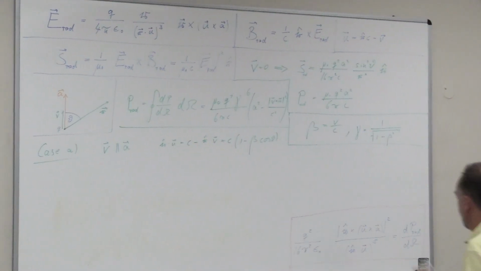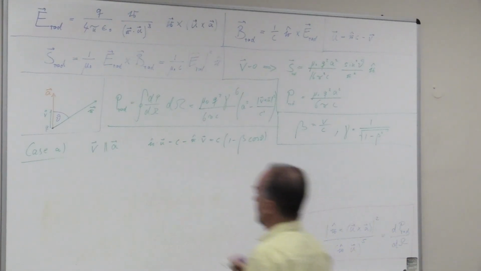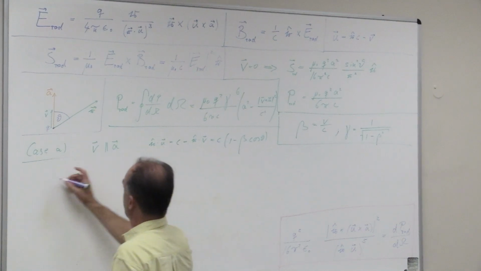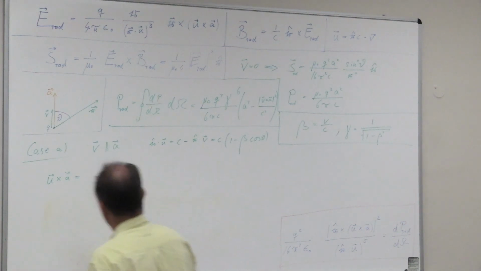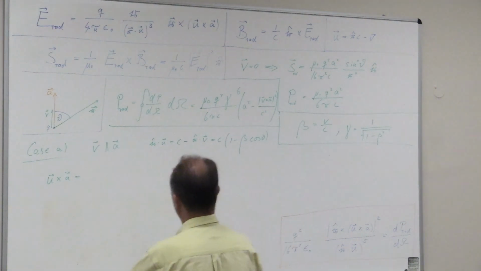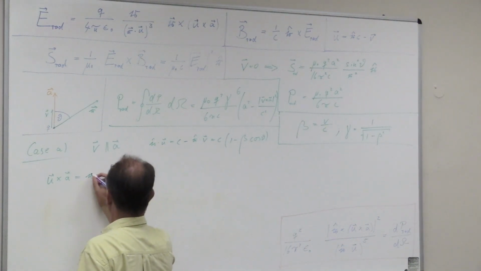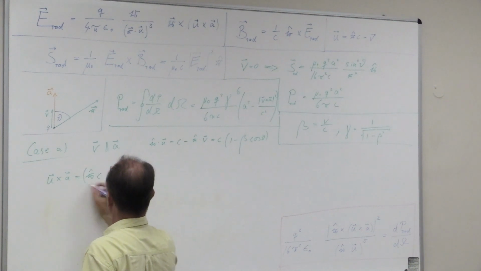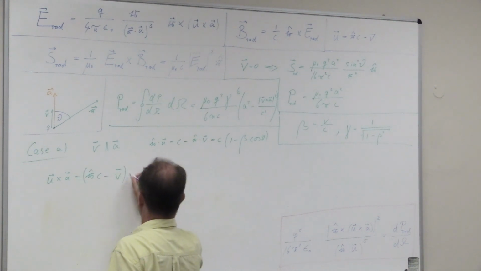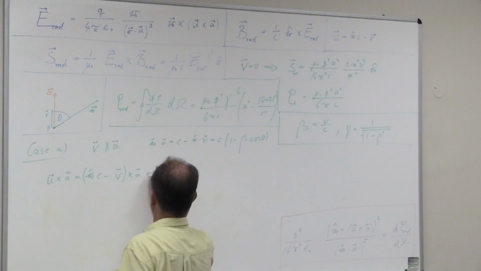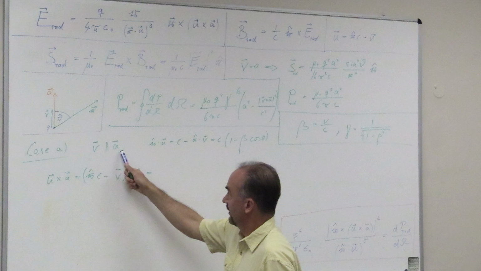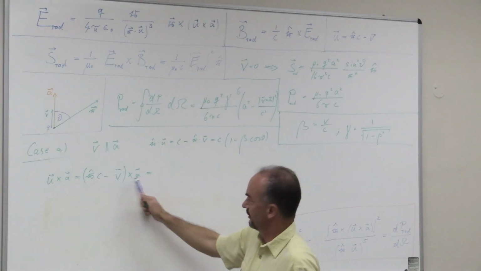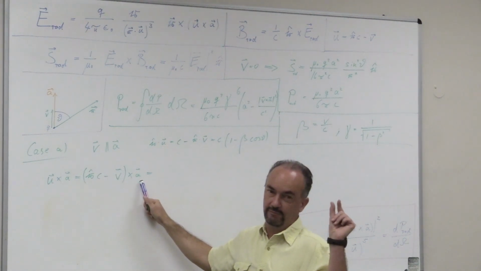Okay, then what is u cross a here? So then u cross a equals R unit vector c minus v cross a, and the nice thing, if v and a are parallel to each other, then the v cross a term goes out.